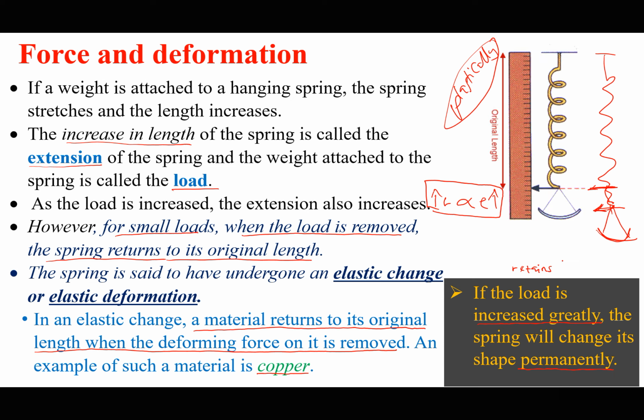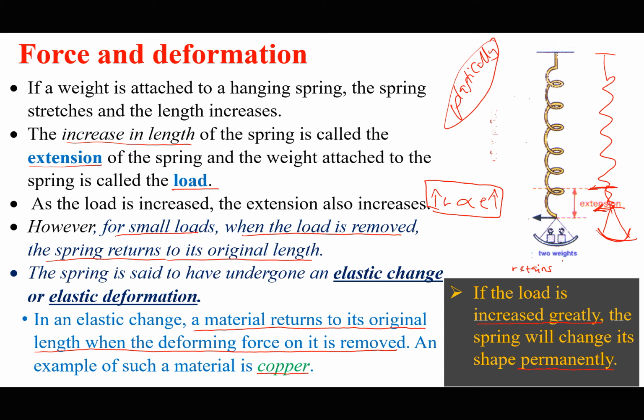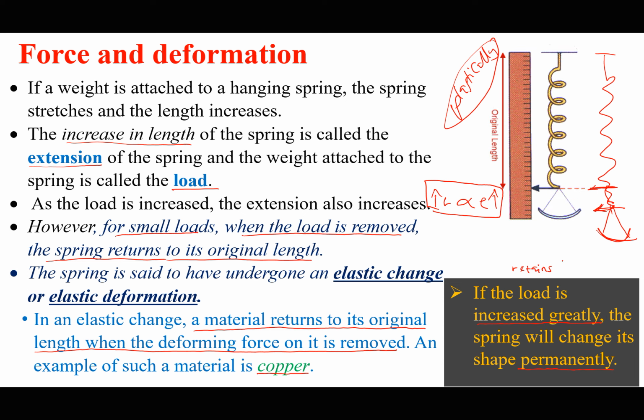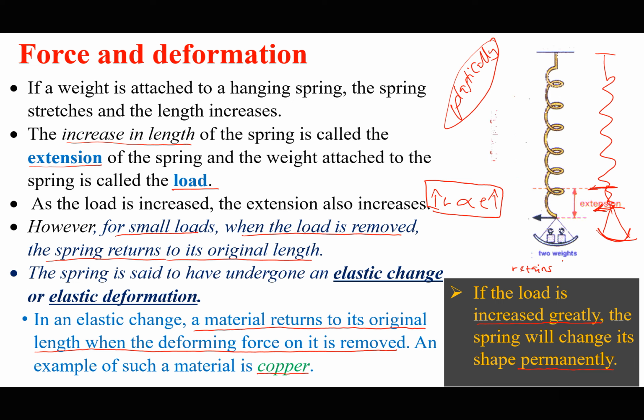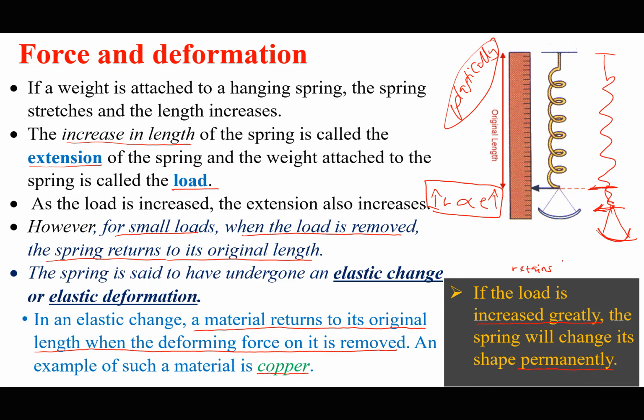But for elastic deformation, for small loads, increasing the load increases the extension. However, if we increase the load greatly, then the material undergoes a permanent change in shape. Therefore, a graph of force against the extension of the wire should take this shape here.